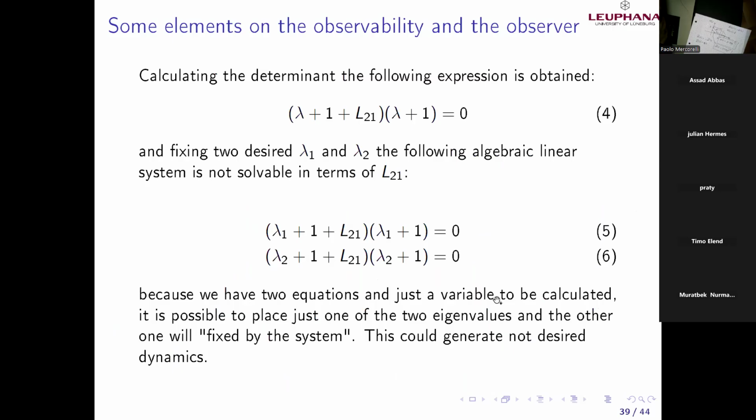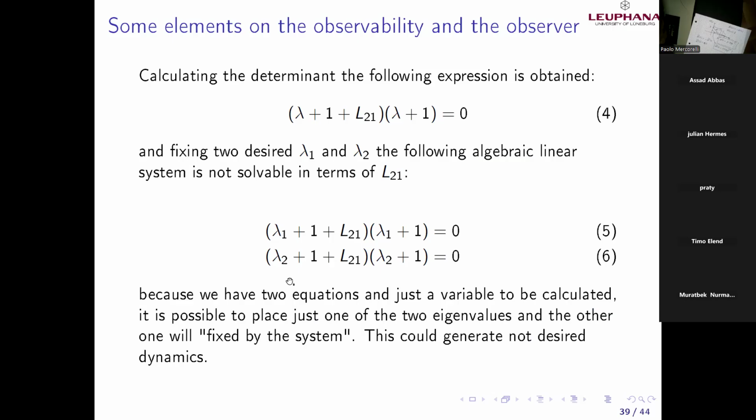This means the unobservable part is asymptotically stable, so I can build an observer fixing one eigenvalue using L21. Or better to say, I can fix an eigenvalue lambda 1, for instance, but in a particular way so that nevertheless the lambda 2 of the observer is stable.